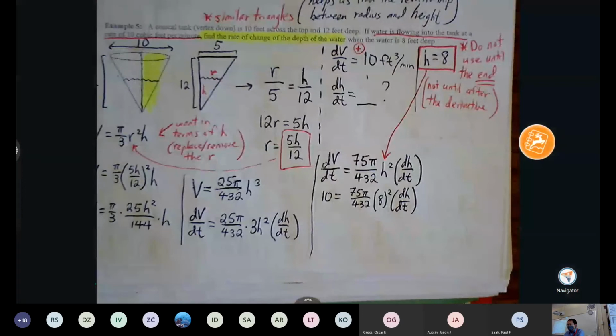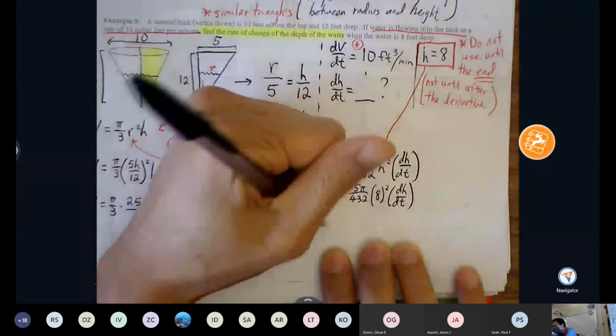So use your calculator, but hold on to pi. We're going to represent pi in the final answer. That is also the case on the AP exam. They want you to hold on to pi in the answer choice. So let's see what we can do here.